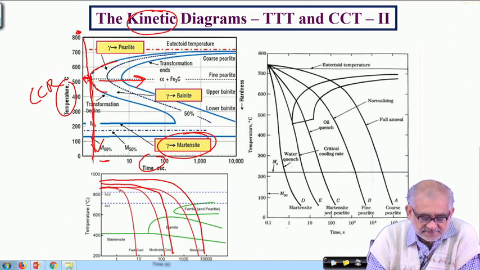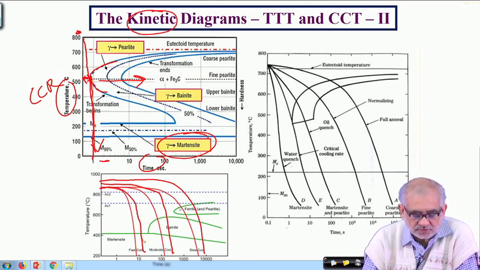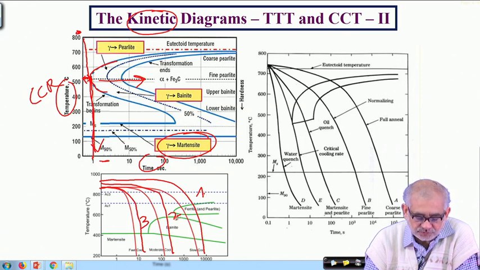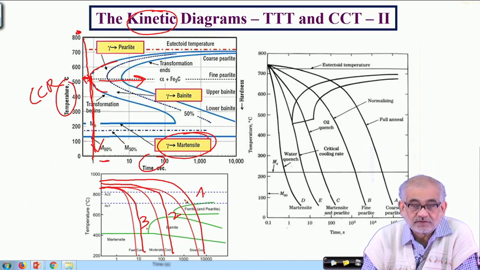And otherwise, if I cool even not as slow as this, but fairly slow, and still I am able to avoid both initiation of pearlitic or bainitic transformation and still end up getting complete martensite, that's also possible. So simply by varying the cooling rates from 1 to 2 to 3, I'm able to vary the microstructure over a wide range.